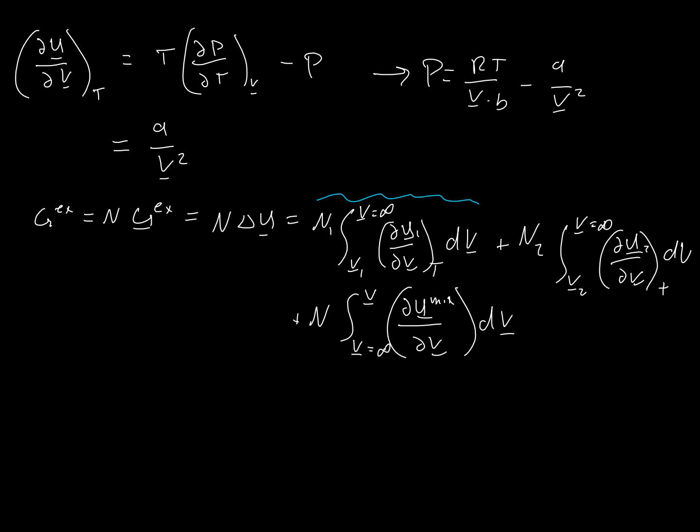We went from an ideal gas state and pressurized it to a particular specific volume and determined how much internal energy changed. The second term here is the same concept, but for component 2. And the last one is for the mixture, pressurizing it to the final state. We get to choose how we do these mixtures.